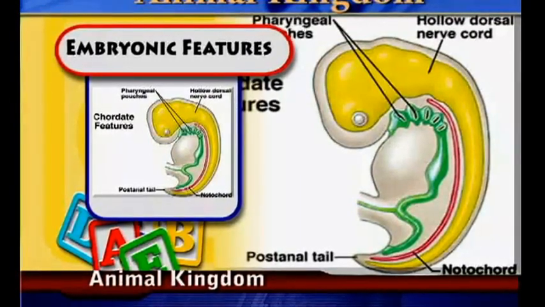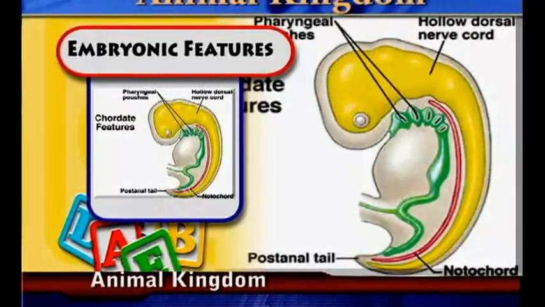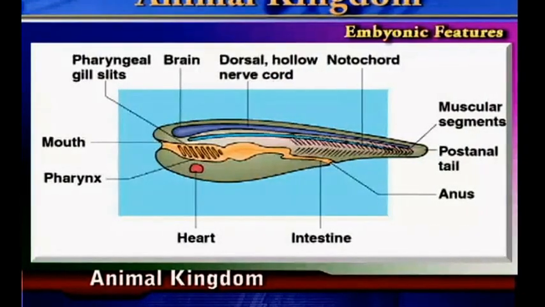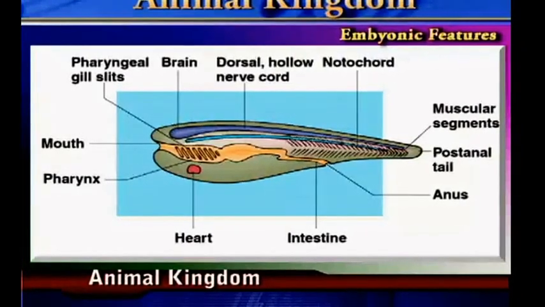And these embryological features include the dorsal nerve cord, which enlarges at the anterior to form the brain. All of them in the embryological stage have the dorsal nerve cord.